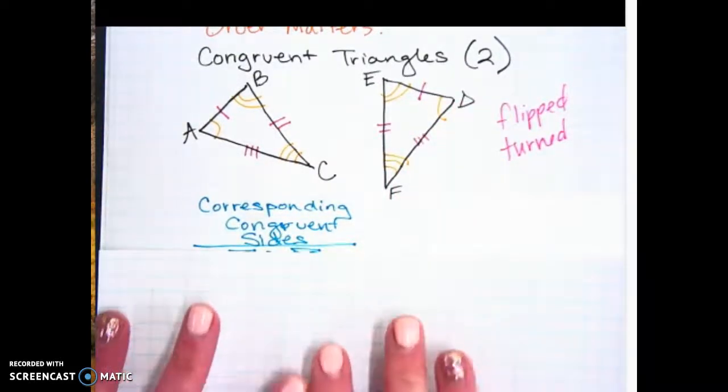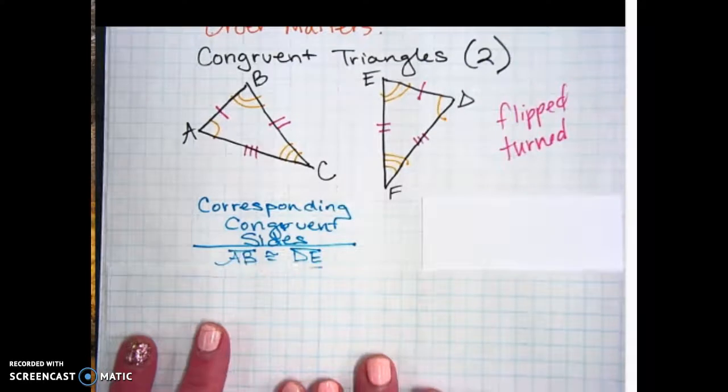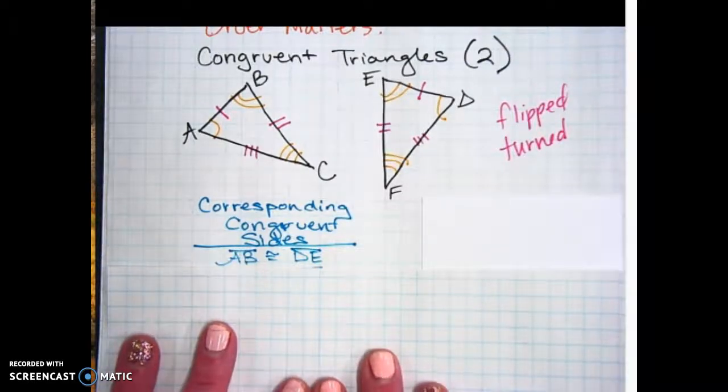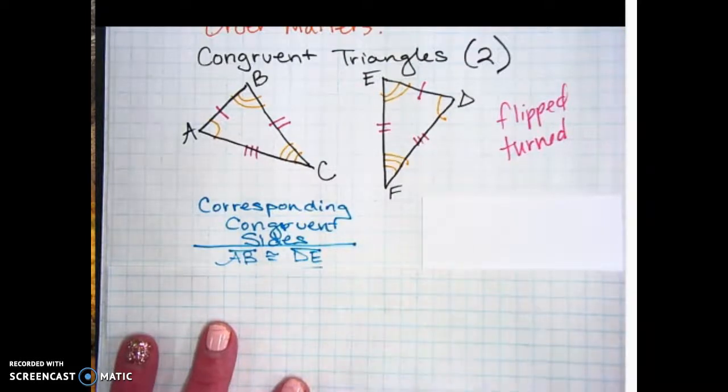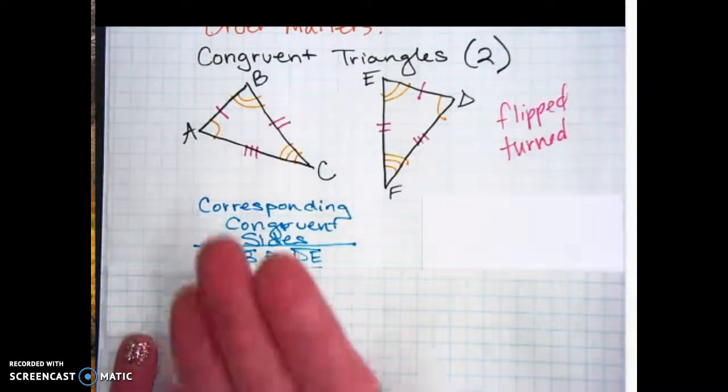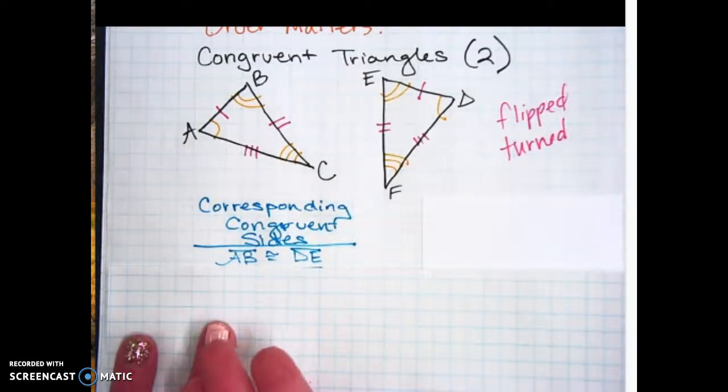We're just going to write the congruent statement that looks like this. AB is congruent to DE. Can you go out of order? Sure, but you might lose track of things. So as much as you can, go in order, and if it's not numeric, obviously go in alphabetical order.